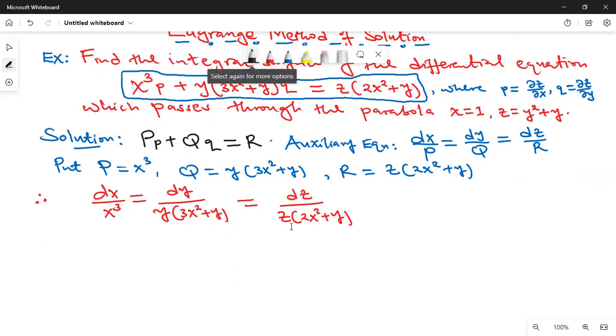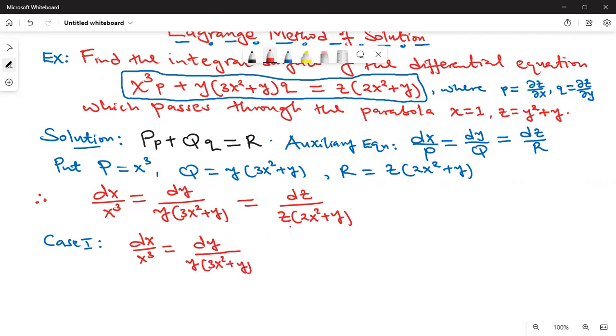So in the first case, we call it case 1. In the first case, let me take the first two fractions, dx and dy. So we'll talk of dx over x cubed is equal to dy over y into 3x squared plus y.